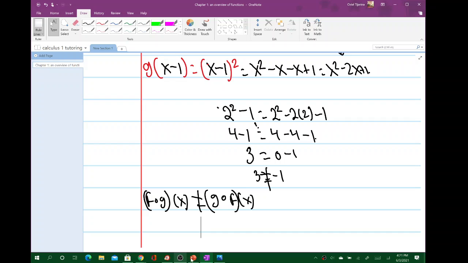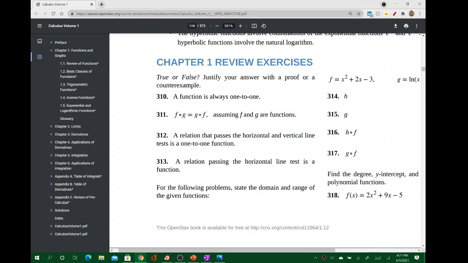So in the textbook, it would be false, okay? Now it says a relation that passes the horizontal and vertical line test is a one-to-one function. That is only true if, I believe, it only passes the vertical line test.